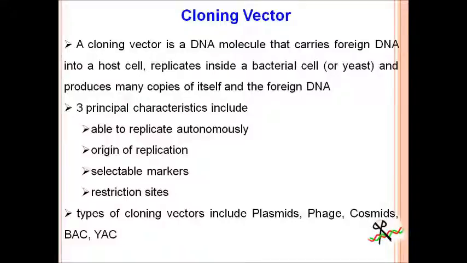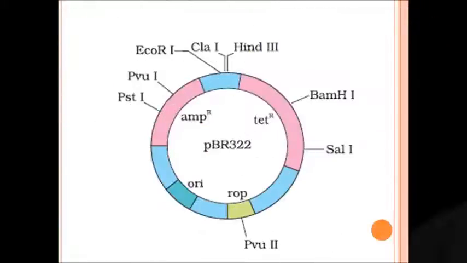And the common types of cloning vectors are plasmids, phage, cosmids, etc. In this slide, you can see a diagrammatic representation of a common plasmid, pBR322. It is an E. coli cloning vector that contains several restriction sites such as EcoRI, BamHI, SalI, etc. and ORI, ampicillin and tetracycline resistance genes. The ROP codes for the proteins involved in the replication of the plasmid.